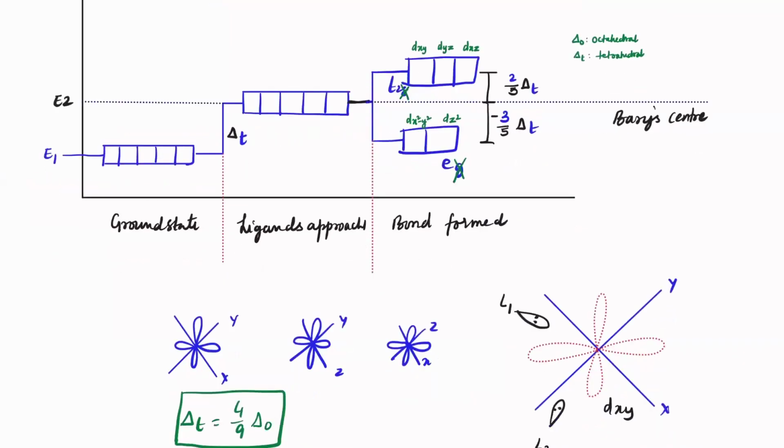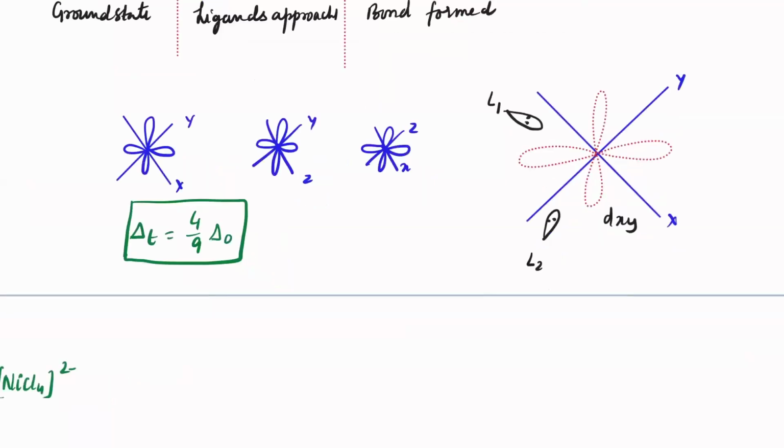Now, notice one thing. As I said, if this is the dxy orbital, the ligand is not exactly coming here as a head-on repulsion. It is coming from the side. So it will not be giving a huge amount of repulsion either. So we can say what would happen here is the two-third amount of repulsion is lost.